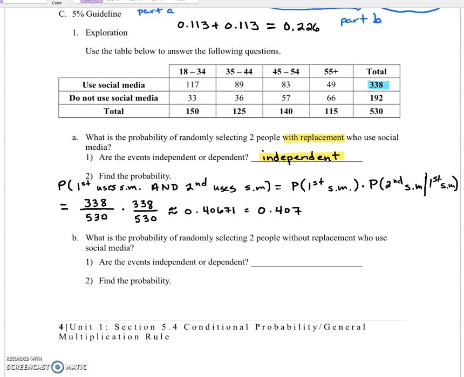Now let's look at part B. What's the probability of randomly selecting two people without replacement who use social media? So this time, without replacement, that's like the previous problem we did with the donuts.